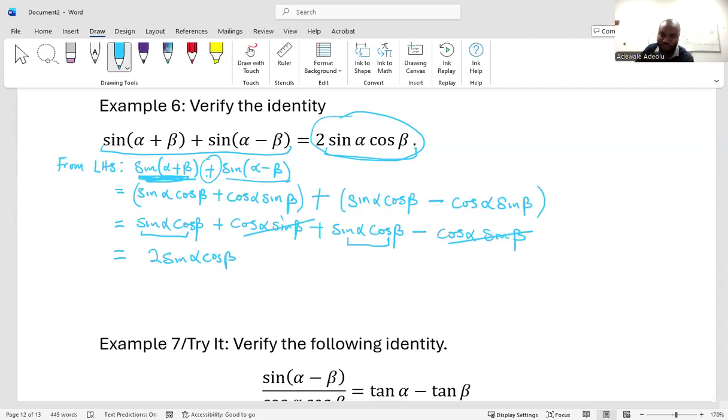Oh, that is gone. Positive, negative, the same item. So this is what I'm left with. Is it the same? Oh, yes, it is the same. So that is the right-hand side. So verified. What that means is that anywhere in the future where you have all of these, you can replace it with this. We can use it that way. That is what it means.